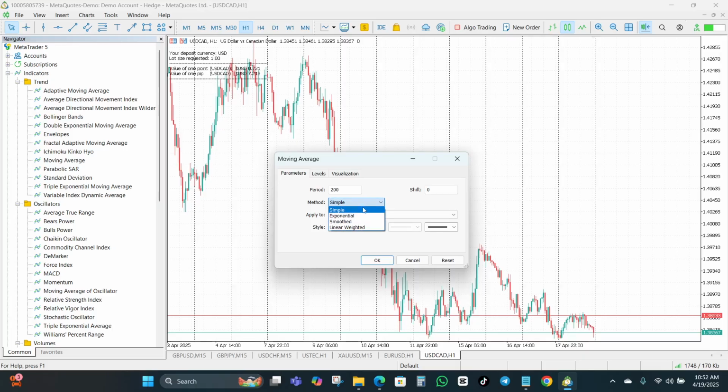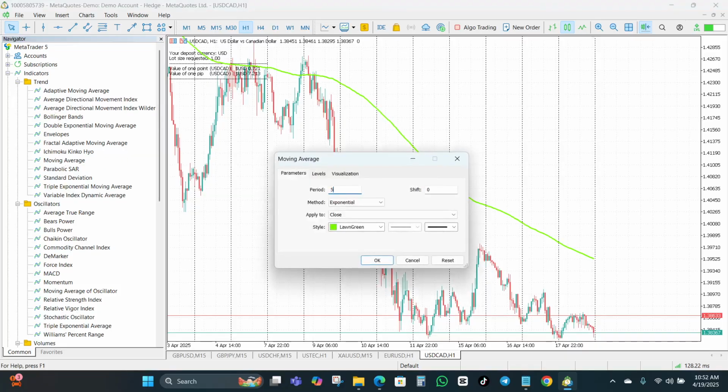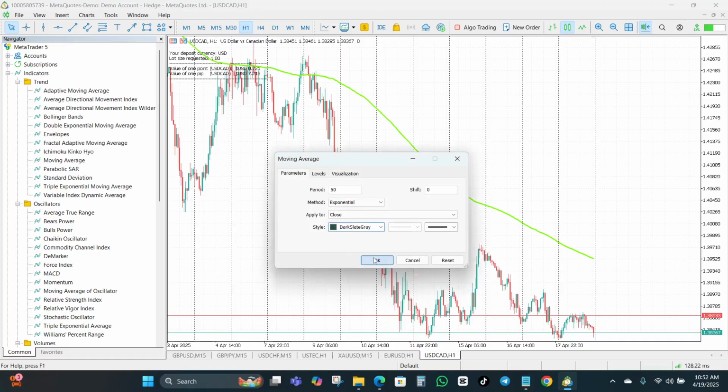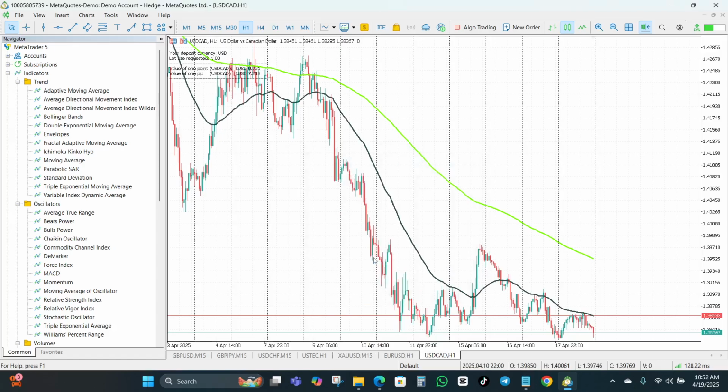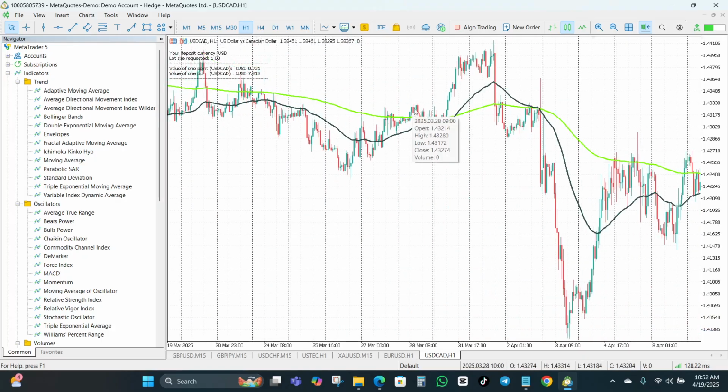But common settings like the 200 EMA and the 50 EMA help traders confirm trend direction. If the price is above the 200 EMA, the market is generally in an uptrend.